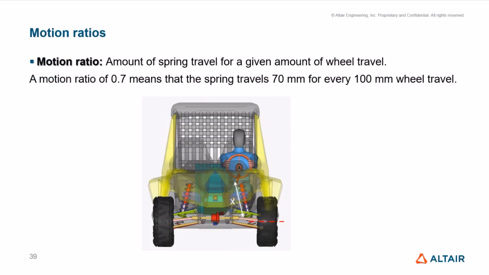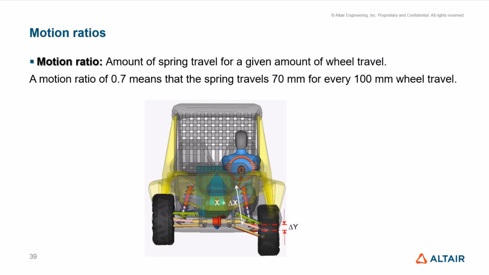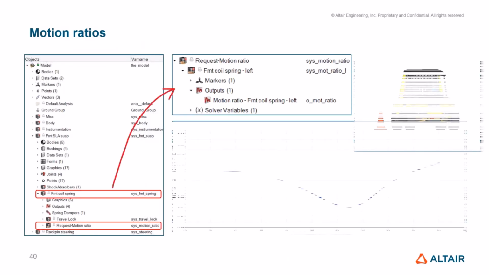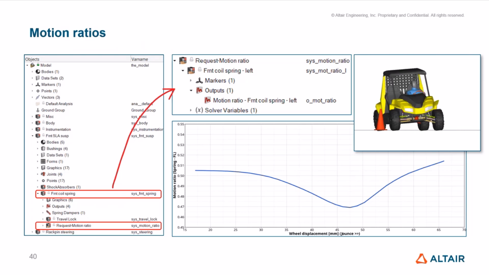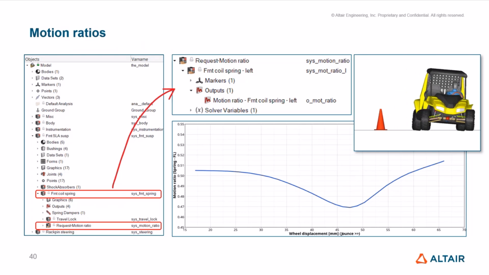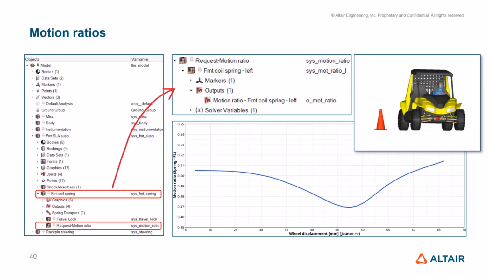So motion ratio, again, what it means is how much does your spring deflect compared to how much the wheel center moves. Again, since motion ratios are associated with springs, each spring system will include a specific motion ratio output, which you will see when you build a vehicle model from the wizards.